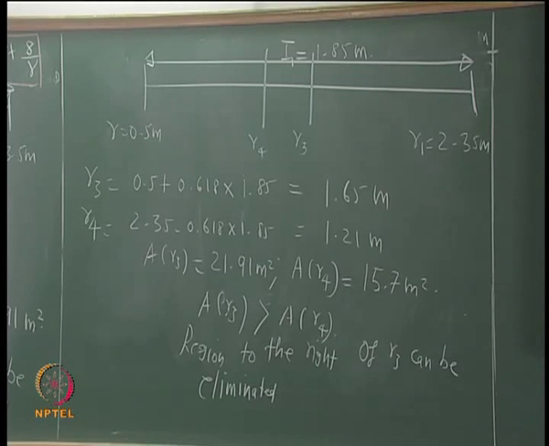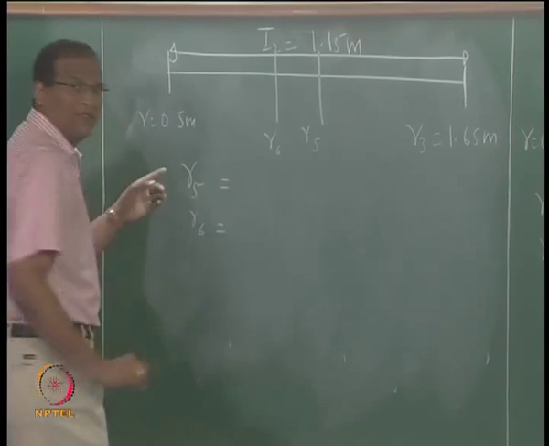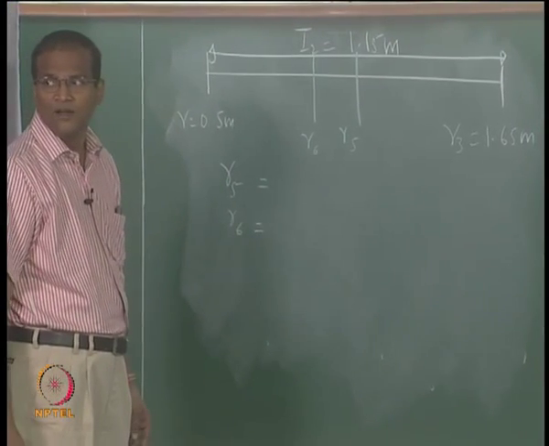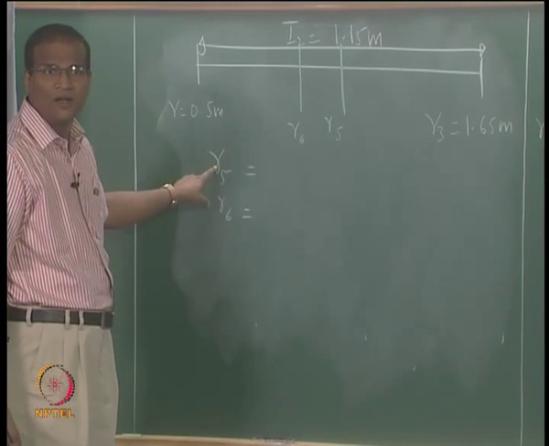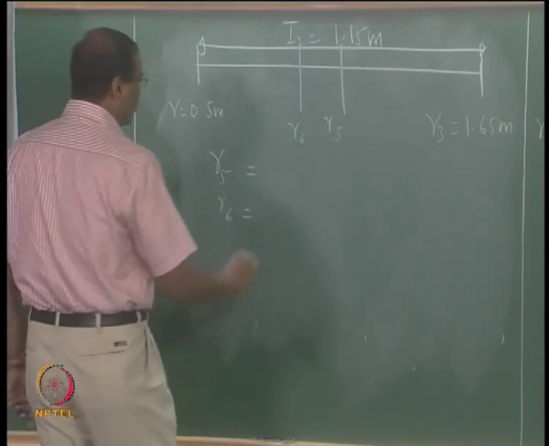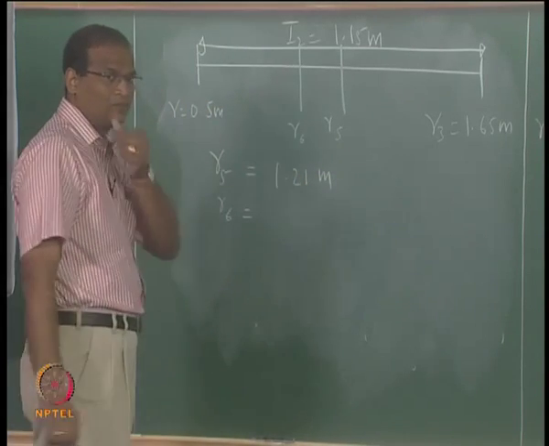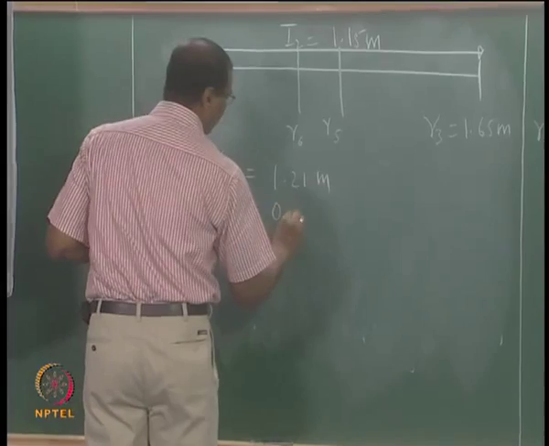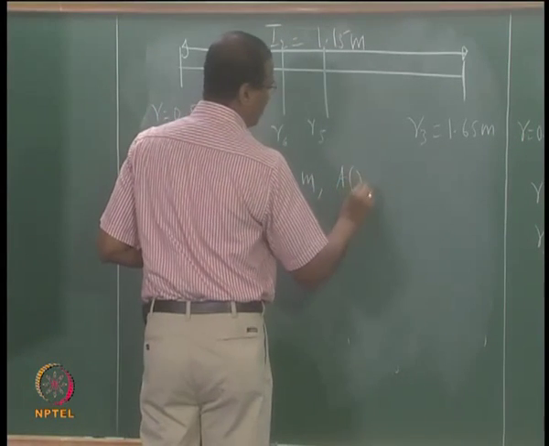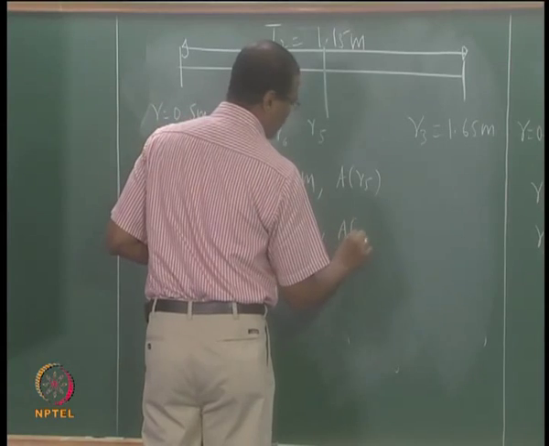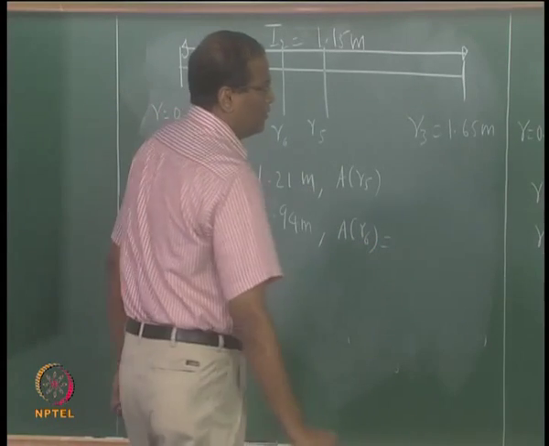Yeah, now you have to tell me. R5 equal to 1.20. R6, okay. A of R5 is 15.7.